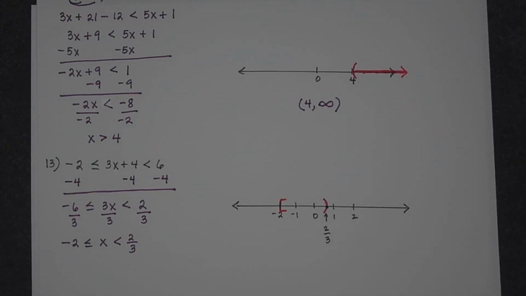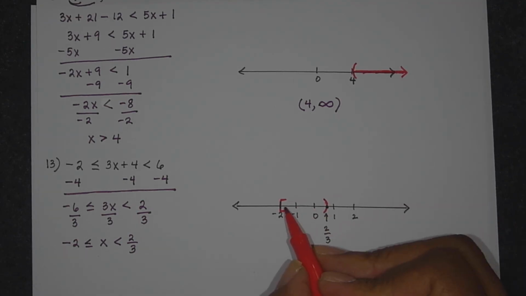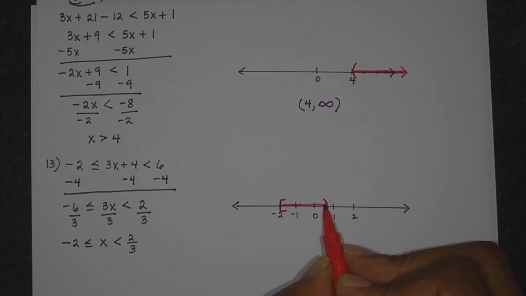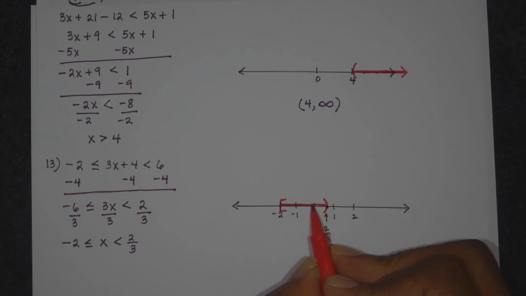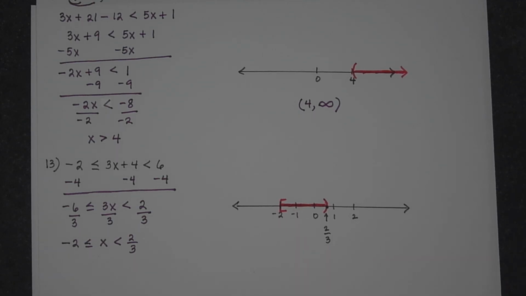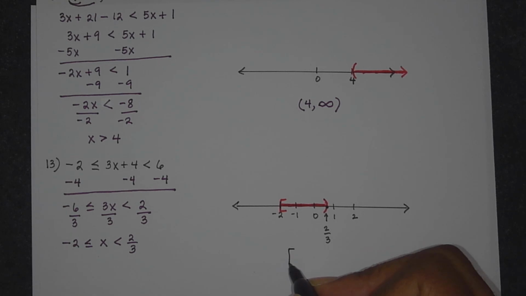And to indicate that all the values of x are in between negative 2 and positive 2/3, I shade in between those two. Okay. So the interval notation for that would be this.